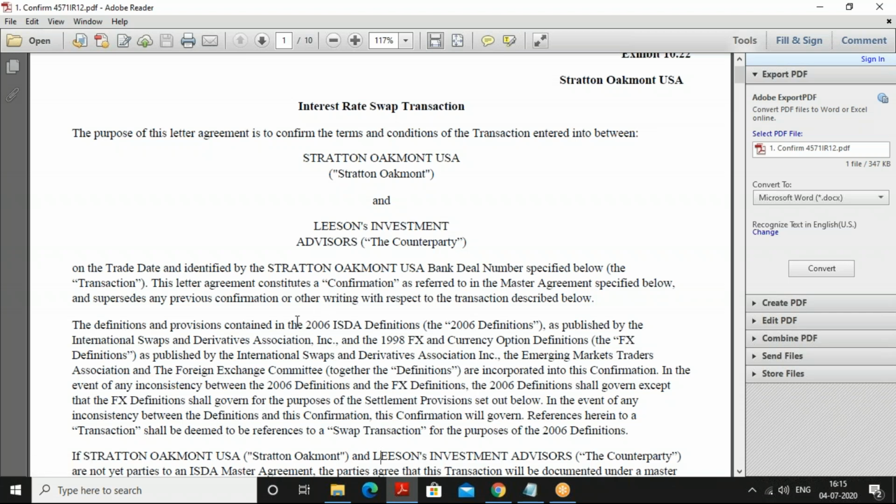So you have your 2006 ISDA definitions as published by ISDA. You have your 1998 FX and currency option definitions as published by ISDA. There are a couple of other associations, the Emerging Market Traders Association and the Foreign Exchange Committee, incorporated into this confirmation.